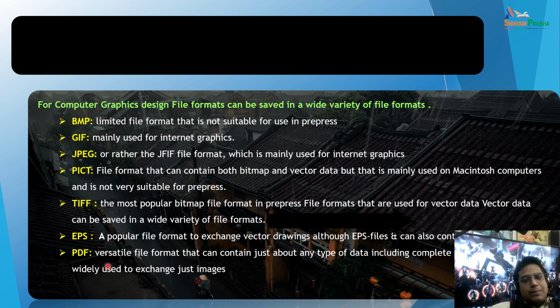If your computer fonts are not available, they will mess up the data, right? But if you save your file into PDF file format, all your font information will be available, and your data will not be distorted or lost. Easily you can save the file into PDF. You can open it anywhere, as long as Acrobat Reader or any PDF viewer is installed on your computer.